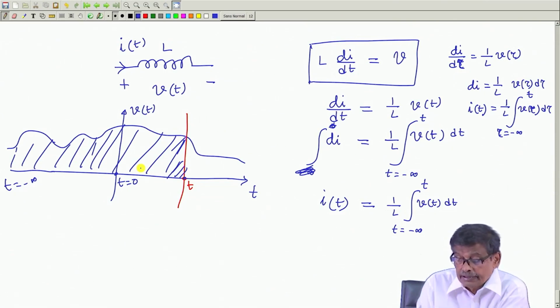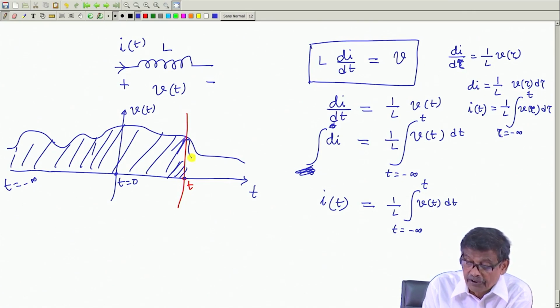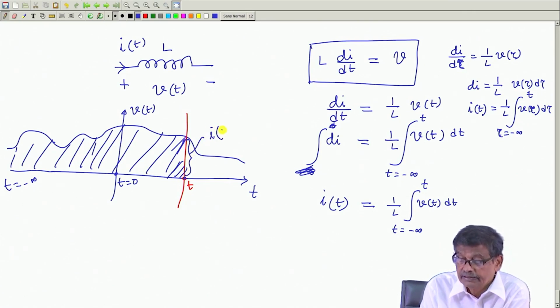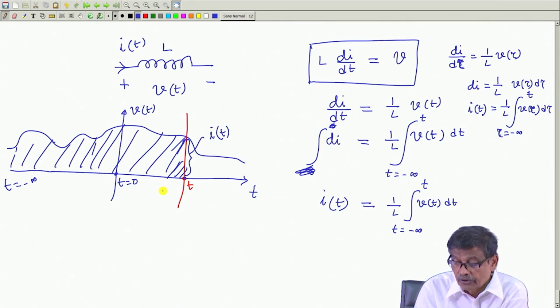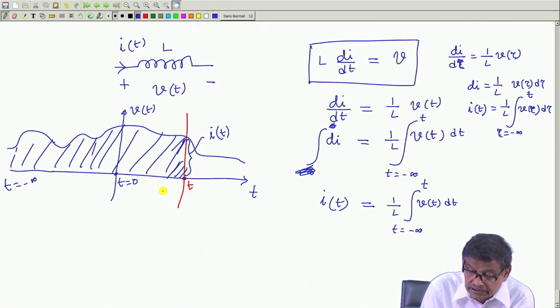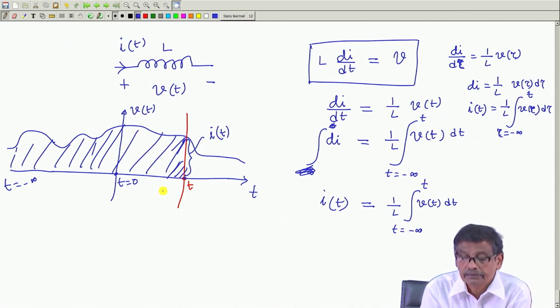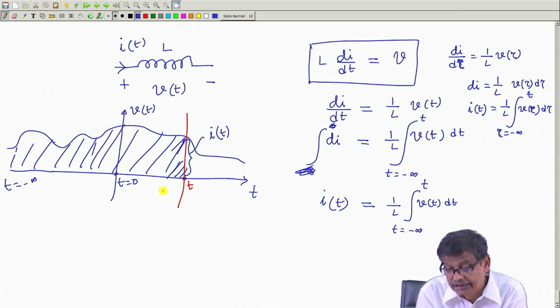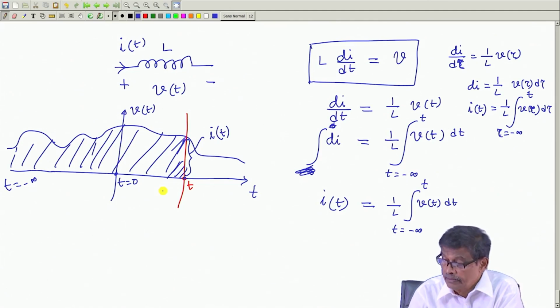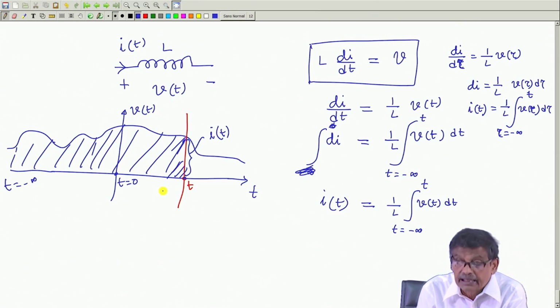The current I(t) will depend not only on the present value of the voltage, but you also require to know all the voltages applied previously from t equal to minus infinity, and that will decide the value of the current at time t.